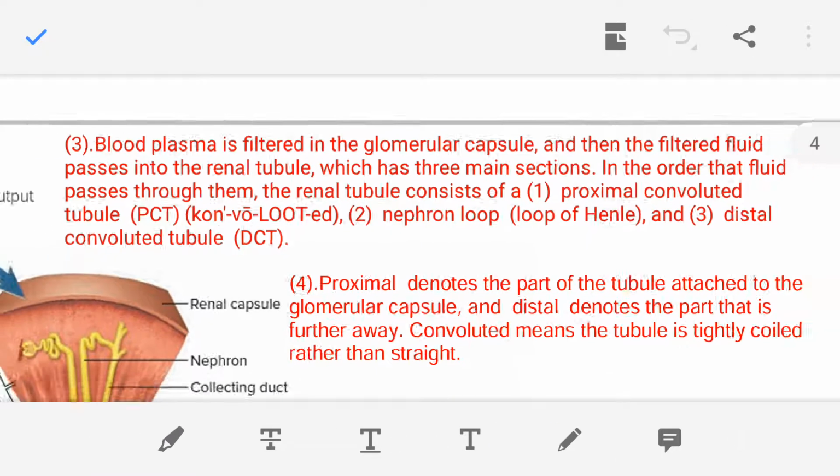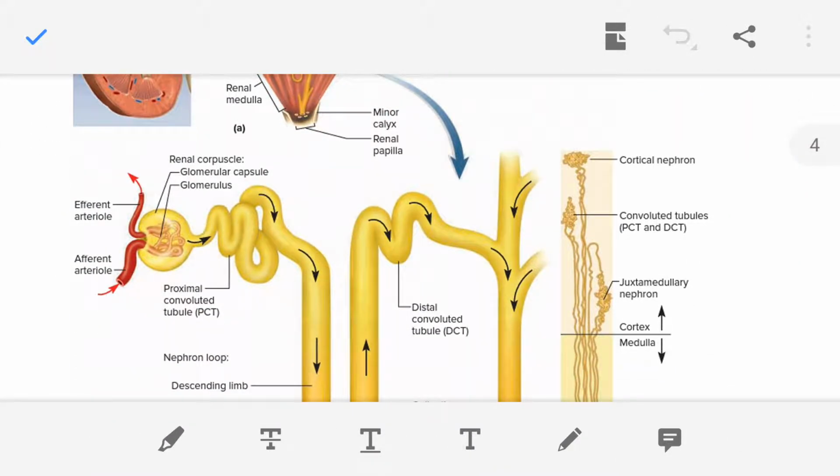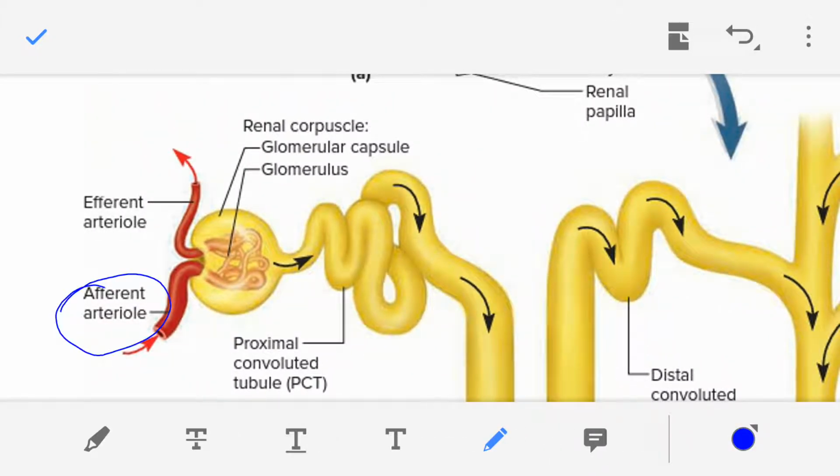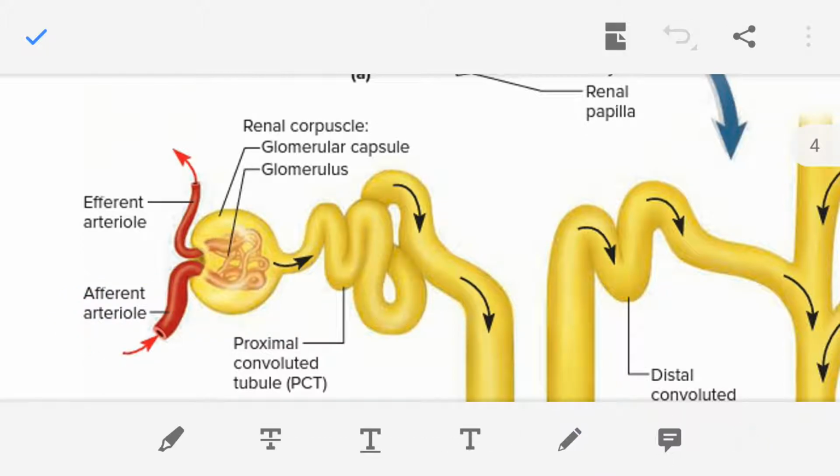For example, here you can see in this figure the afferent arteriole. From the afferent arteriole, a capillary network is formed. All these capillaries join together to form the efferent arteriole, and blood flows with pressure inside the capillary. So some components of plasma come out, and that is known as filtrate. This filtrate fluid now enters this tubule, the renal tubule.